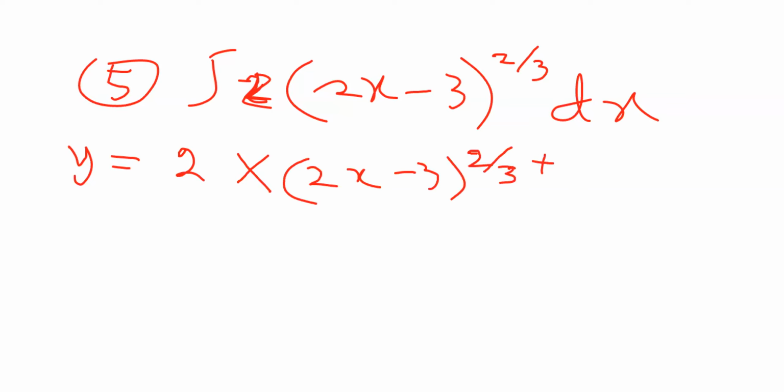But in this integration, we add 1 to the power, and divide by the new power. 2 over 3 plus 1, because that was the new power. 2 over 3 plus 1 is 5 over 3.